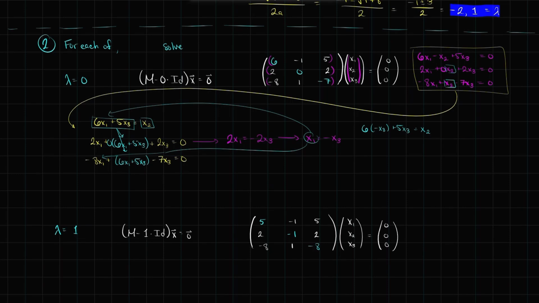And in the bottom equation, I end up with negative 8 times negative x3 plus 6, and x1 is negative x3, so 6 times negative x3 plus 5 times x3 minus 7x3 is 0. What I end up with in the bottom equation, if I simplify everything, I have a total of 8x3 minus 6x3 is 2, plus 5x3 is 7x3, minus 7x3, I end up with 0 equals 0.